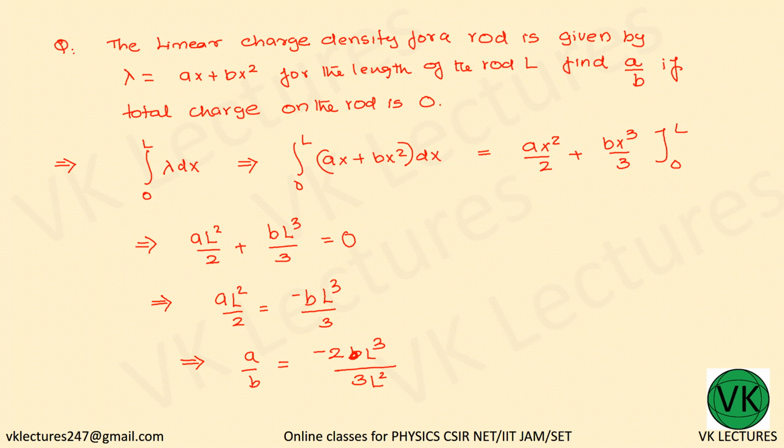So a by b is equal to minus 2 by 3 times L. So if a by b is equal to minus 2 by 3 times L, the total charge on this rod will be equal to 0.